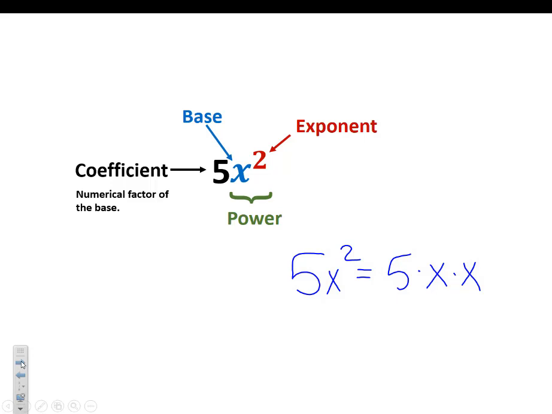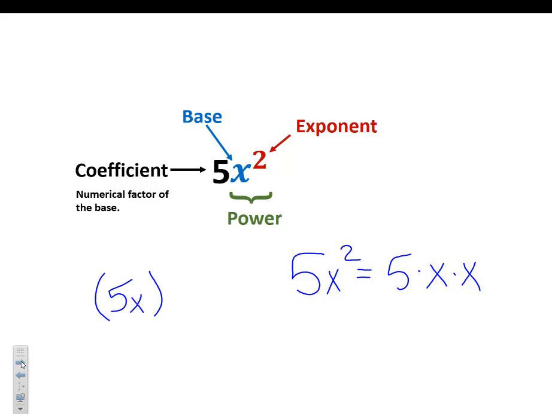Now, some of you might be thinking in your head, well, could you? Yes, you could. And in mathematics, you would just have to write that differently. There's a different designation if I want to raise that 5 to a power of 2 as well. There's a couple ways I could do it. I could make 5x the base by putting it inside parentheses.